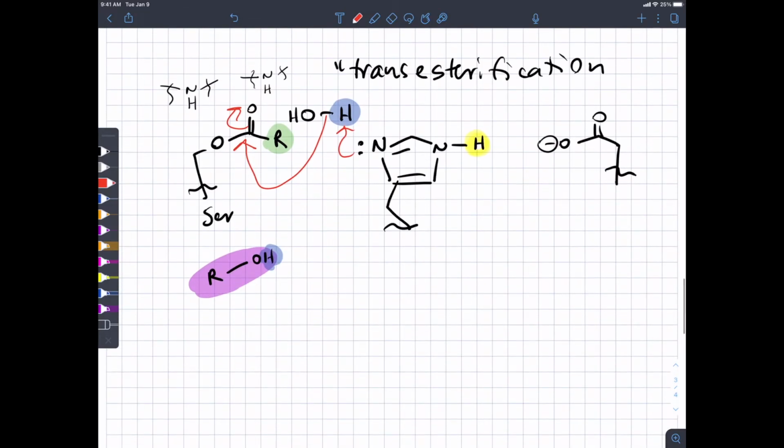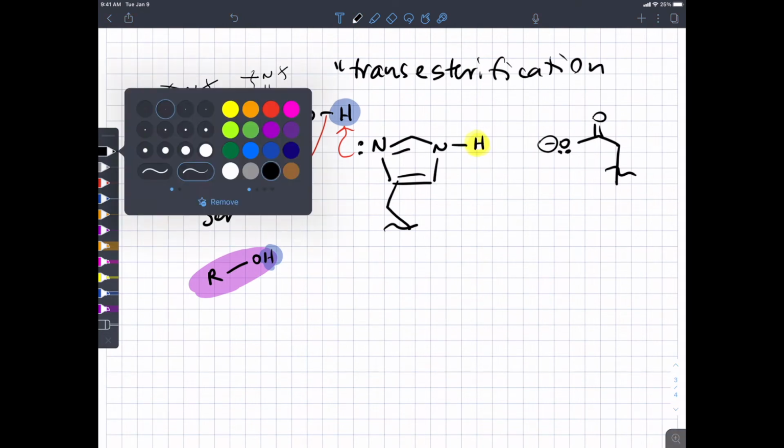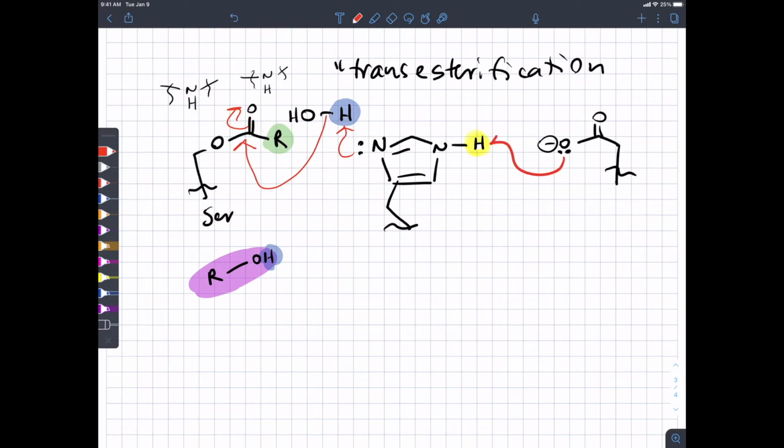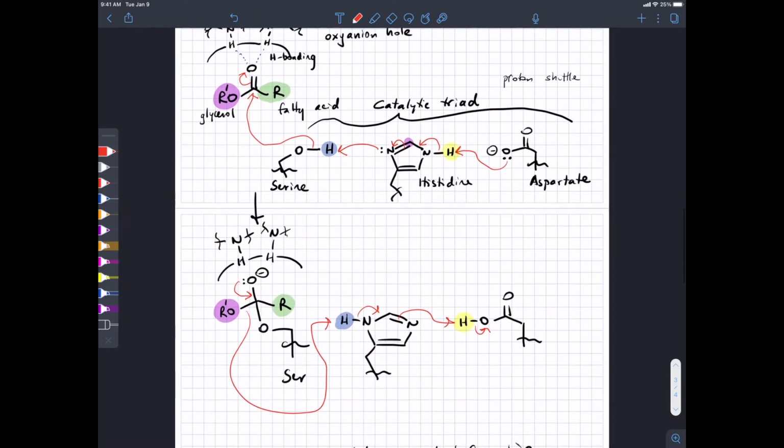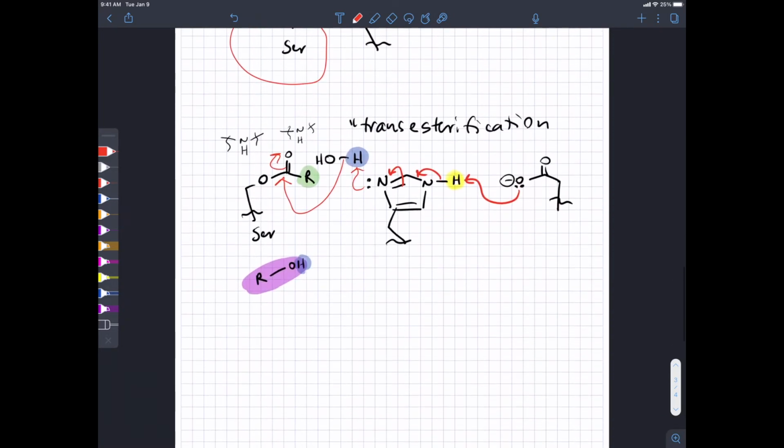And what makes that possible is that aspartate goes ahead and steals the yellow proton from histidine again, which is what makes that histidine nucleophilic enough to attack. So I'm not going to draw the remaining steps of that process because it's going to look exactly like what we've done over here, only at the end, the thing that's going to get kicked off as the leaving group is this serine side chain.